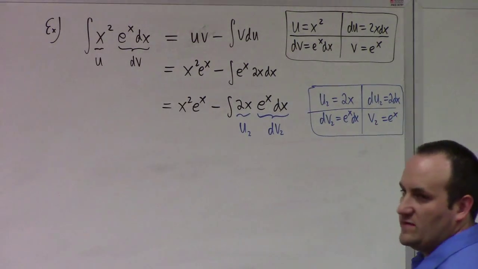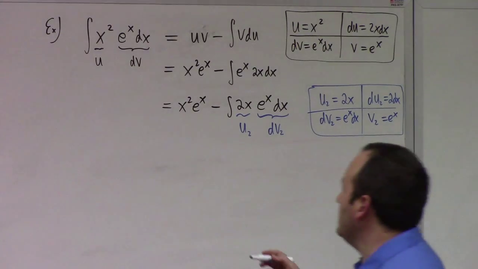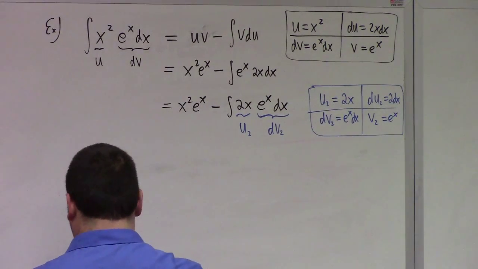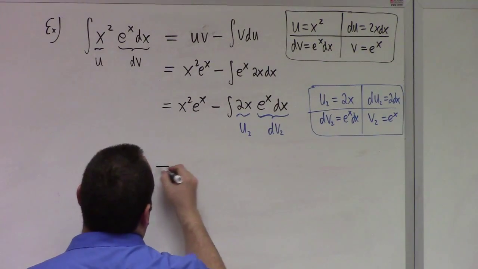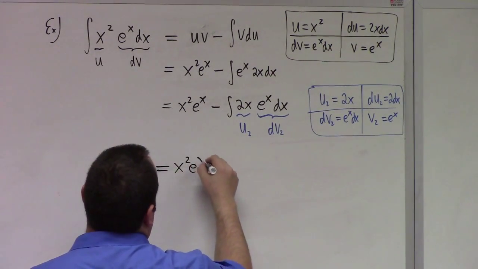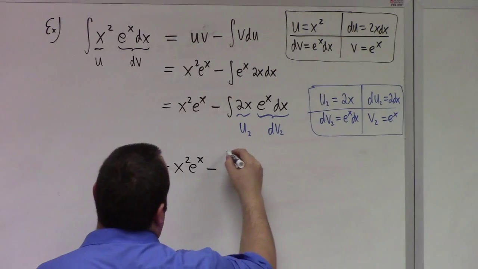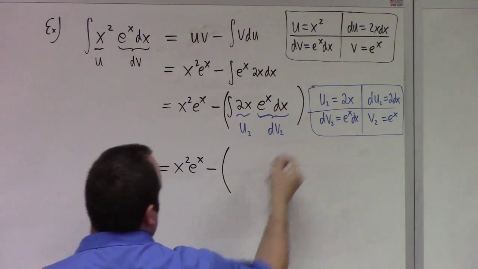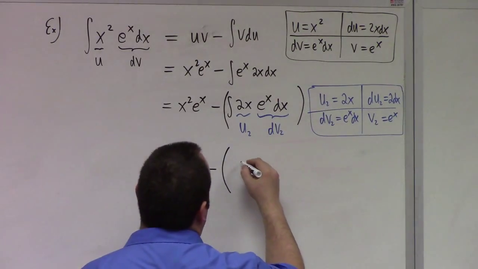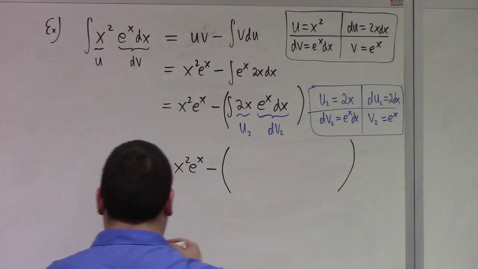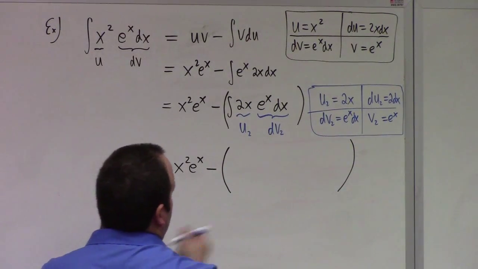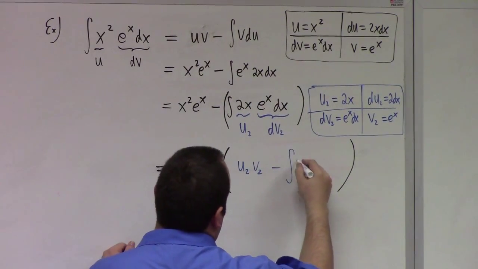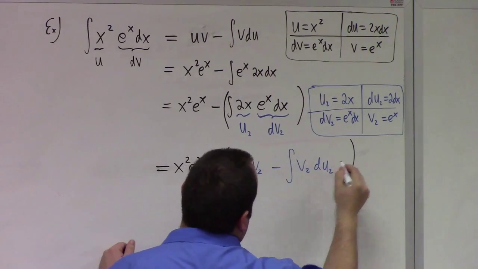Does that make sense, what I'm doing? Let's see in the next step if you can follow me. So what we got is x squared e to the x minus, and then I'm going to put some big parentheses around what we're doing. What goes inside the parentheses is u2 v2 minus the integral of v2 du2.